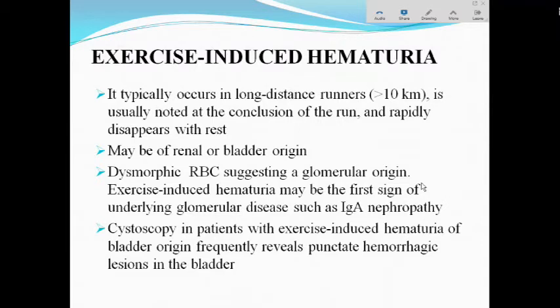As we have already known, dysmorphic RBCs should always make you suspect RBCs of glomerular origin. So this should be kept in mind. If there are dysmorphic RBCs and the patient gives a history of exercise-induced hematuria, always try to rule out underlying IgA nephropathy. Don't disregard it as exercise-induced hematuria that will settle. If the urine examination shows dysmorphic RBCs, at least rule out IgA nephropathy.